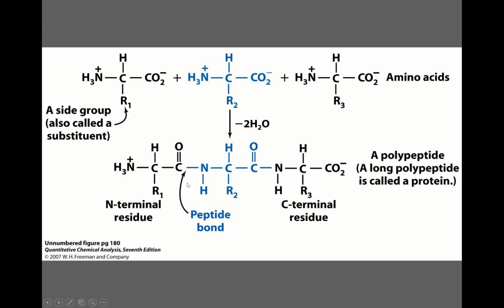Then this CO-NH bond is formed. This is called the peptide bond, and this part is planar and a very strong bond.